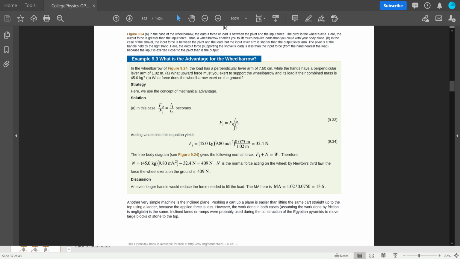We manipulate that to solve for our input force, because that's the force that we're going to exert. We know that our output force here is mg, 45 kilograms being the mass given for everything combined, and g, 9.8. And we know both of our lengths. So our input force would be 32.4 newtons.